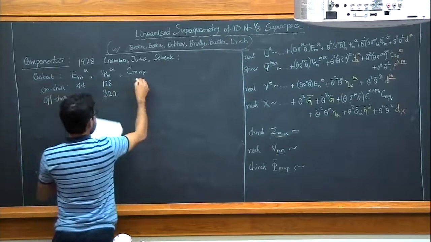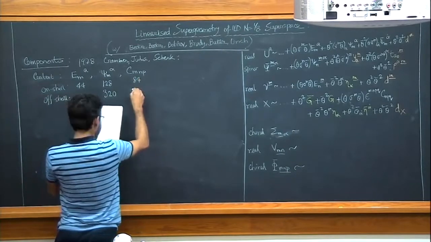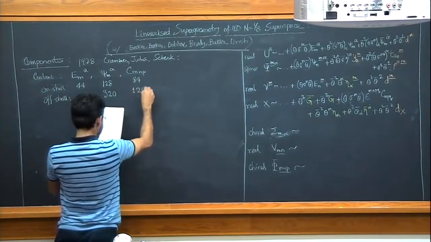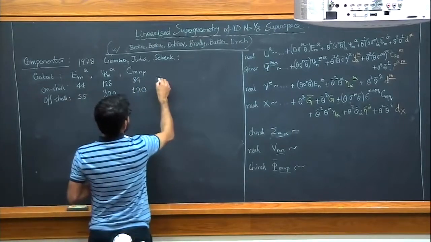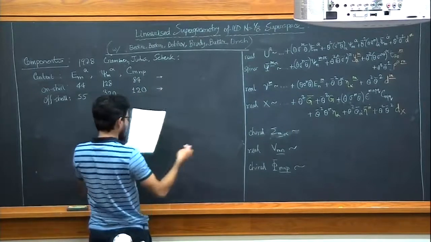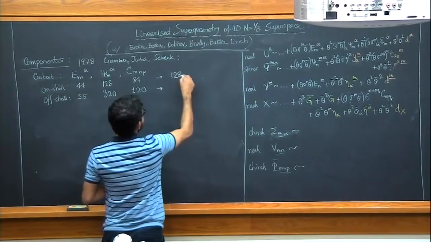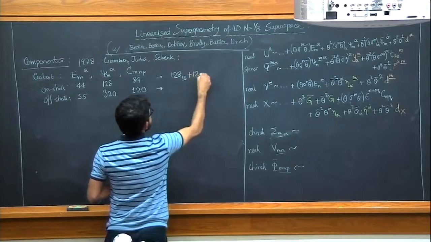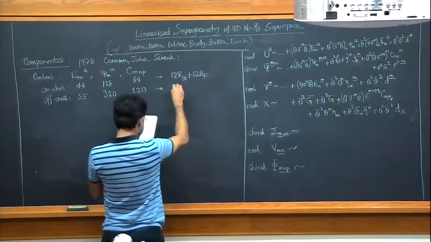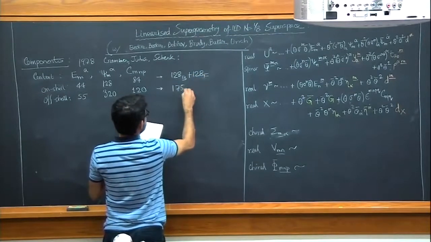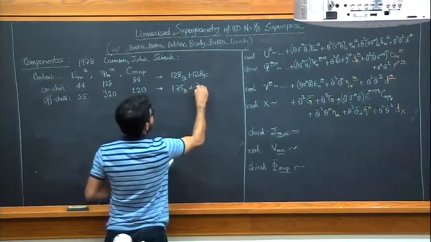And this one has 84 on shell and 120 off shell. So if you do a count of how many total bosonic and fermionic degrees of freedom we have, on shell they match, but off shell they do not. So this is 175 bosonic plus 320 fermionic.